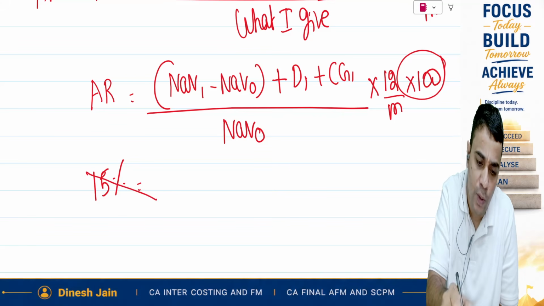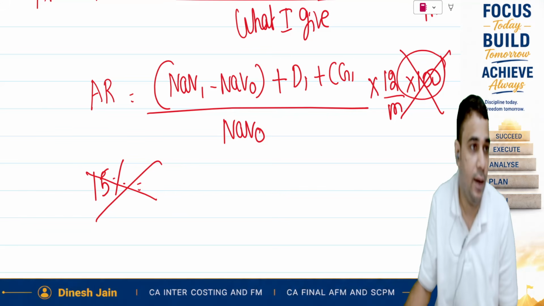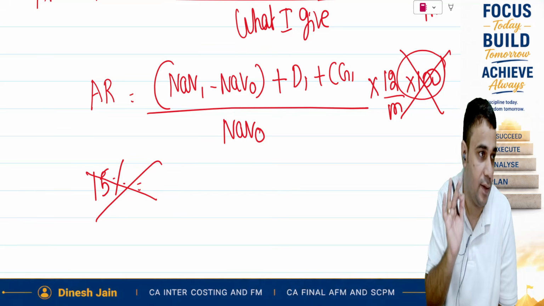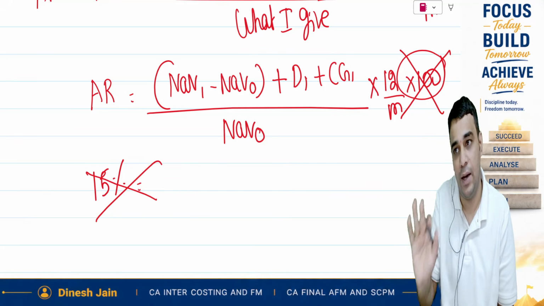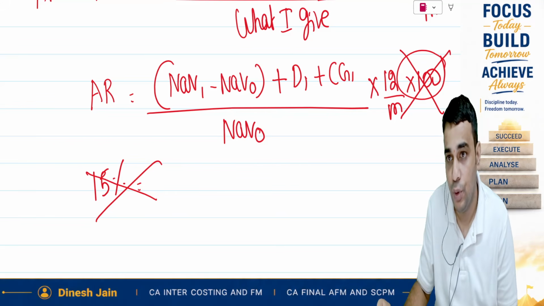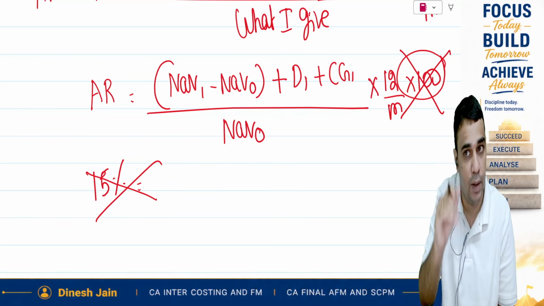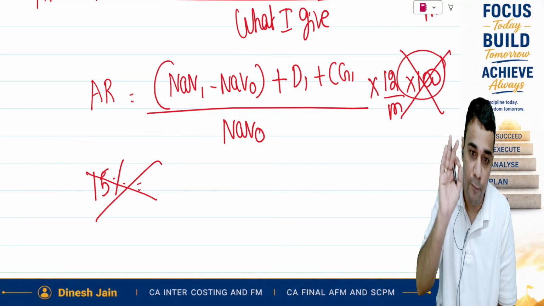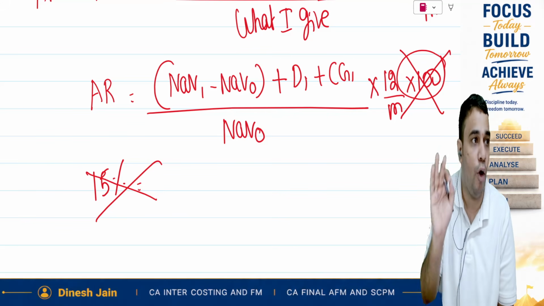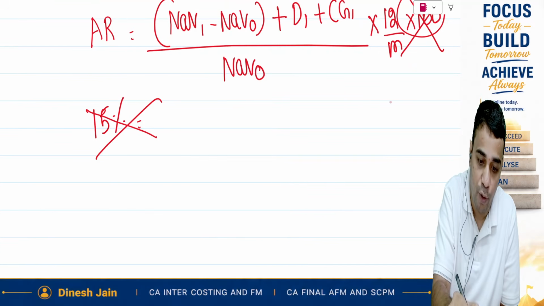I usually remove the 100 from this side and write 0.15. Can I write 15? Yes, you can write, but do into 100 on the other side. This is very relevant for a reverse working scenario, not only here, any other place. 15 is okay, 0.15 is okay, 15% is okay. This side write 0.15.